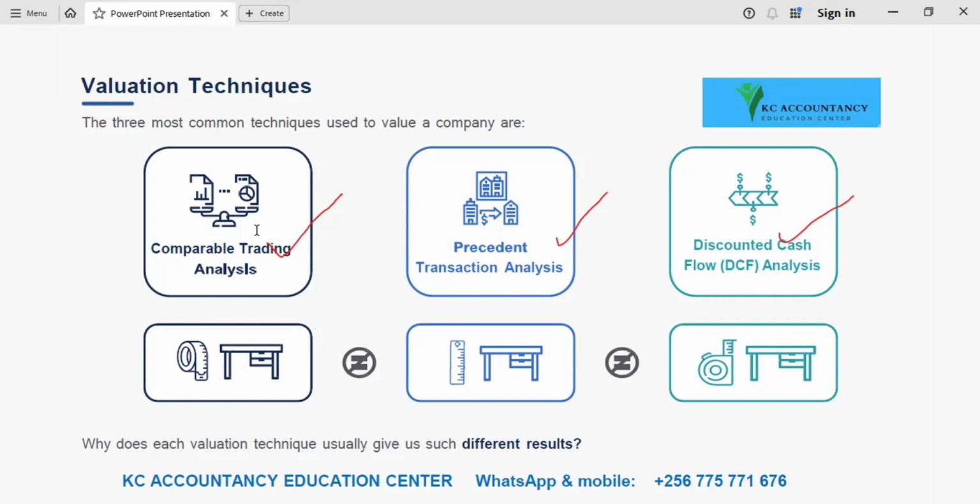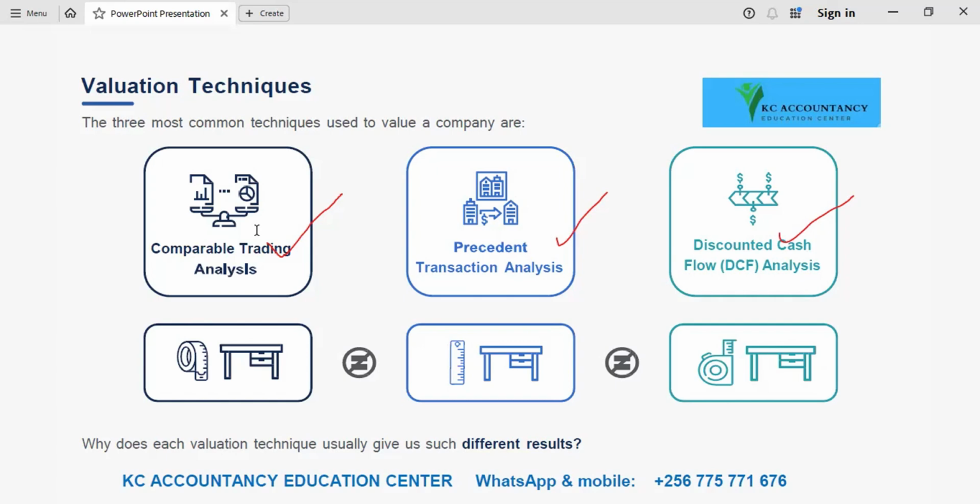Now, here is a common question that you may get as a person who is working in finance. If we were to use these three techniques in order to assess the value of the company, would these three techniques give you the same or similar values for the company?